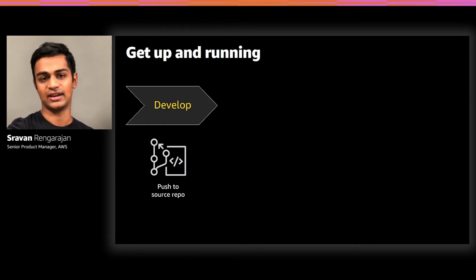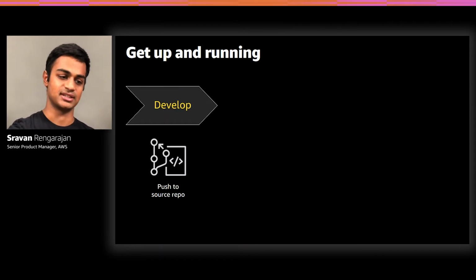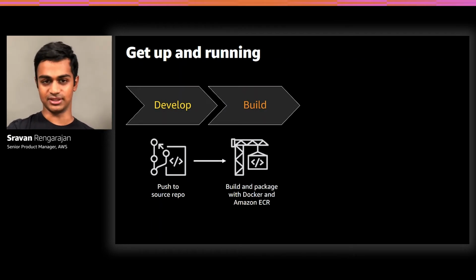Once you have your application in a GitHub repo or some repository, and you have also authored a Dockerfile, which dictates how your application should be built when it's packaged into a container, you're ready to move on to the build stage.